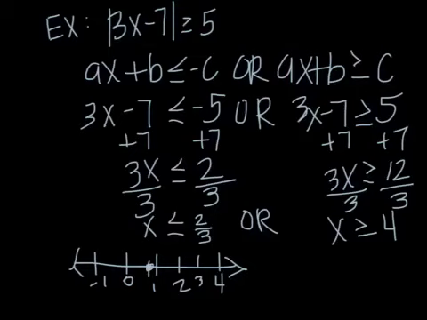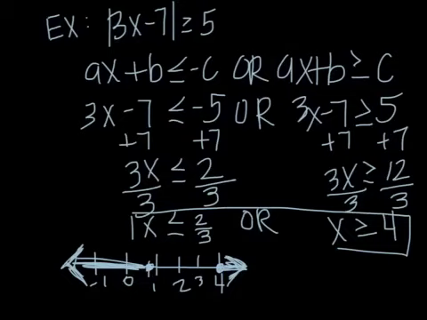And I'm going to have a closed circle at 4. And I'm going to go ahead and shade accordingly. I need numbers less than 2/3, so that will be shaded to the left. And I'm going to need numbers greater than 4, which will be shaded to the right. So my solutions are x is less than or equal to 2/3, or x is greater than or equal to 4.